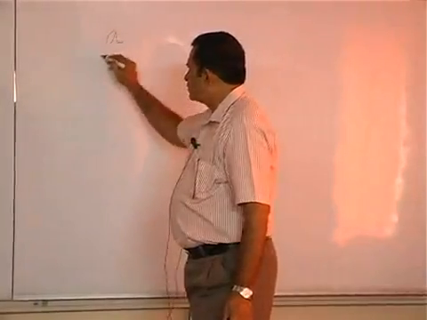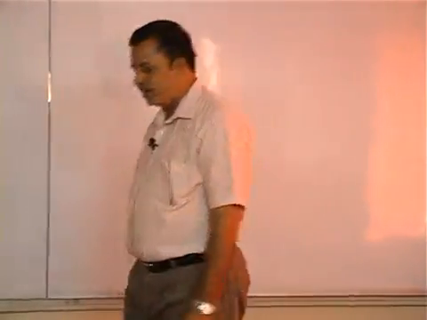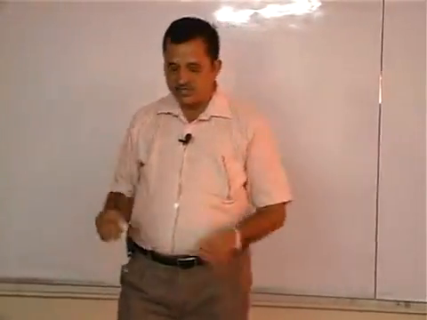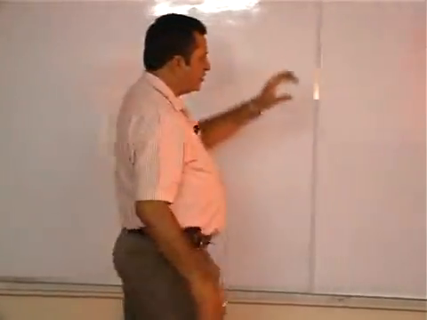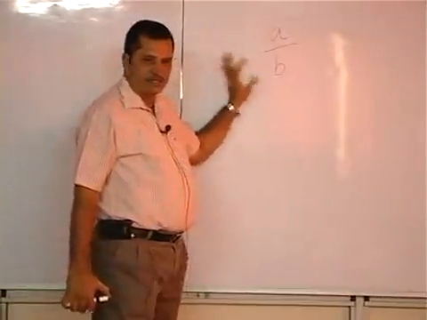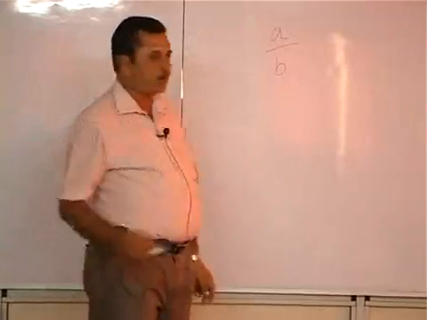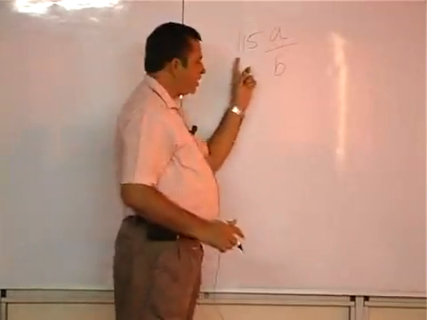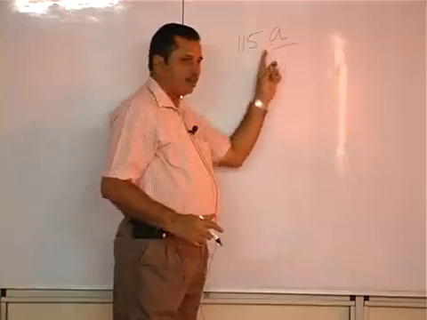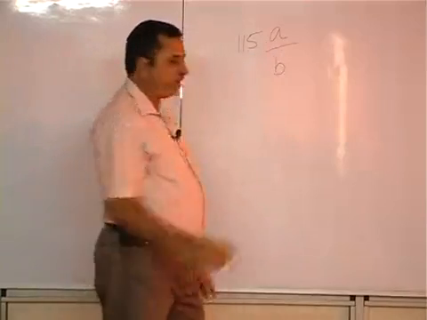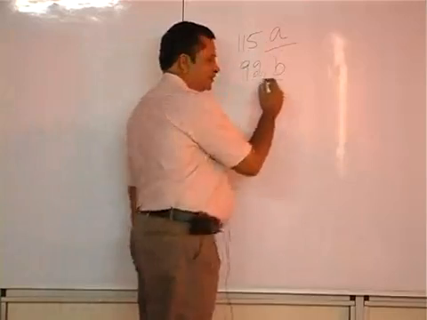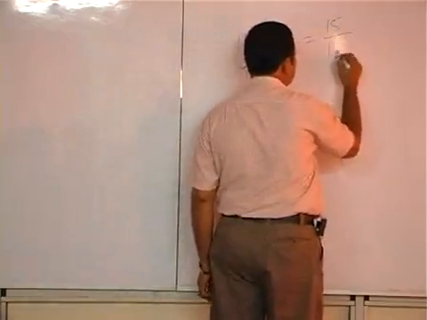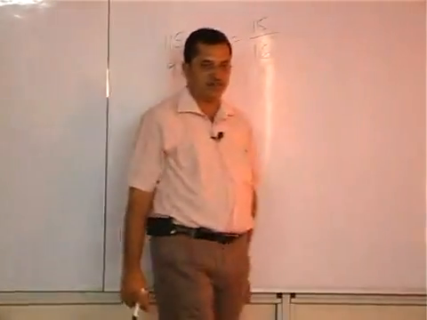A fraction means the idea is a numerator and a denominator, a by b. If you are not disturbing a by b, 100% of a is present here and 100% of b is present here. But what we are doing, numerator is increased by 15%. I am not putting percent mean here because percent will get cancelled. Denominator will be diminished by 8%. The value of the fraction becomes 15 by 16.